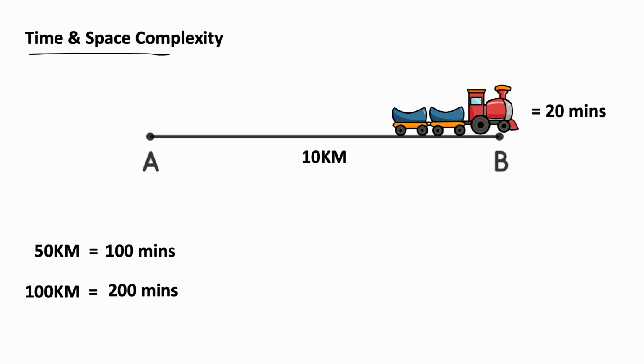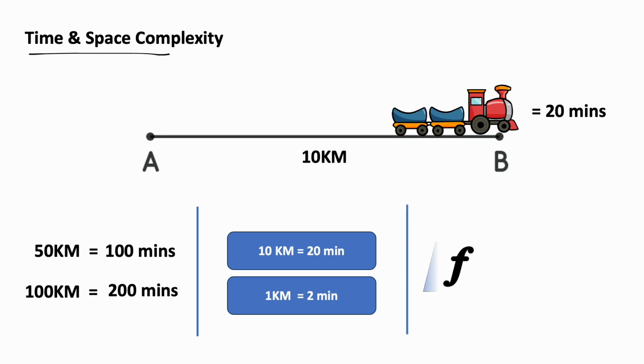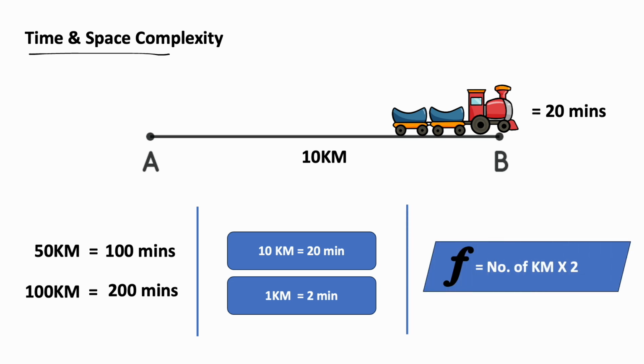How are we sure about this? Because we did the basic math. What is the math behind it? First we took out the fact that 10 kilometers is 20 minutes. Then we found out 1 kilometer is 2 minutes. And we came up with a formula: number of kilometers times 2.